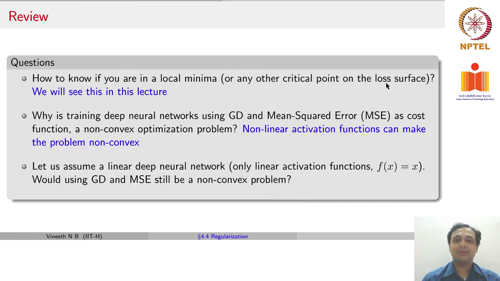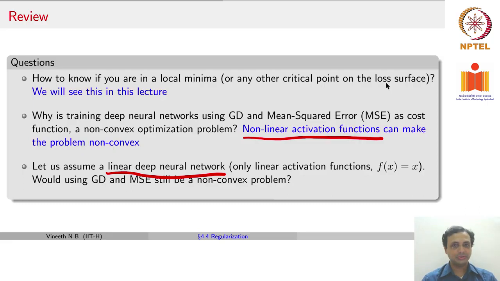The reason is you could have nonlinear activation functions in your neural network that can make the problem non-convex with respect to the weights. Okay, then your counter question is, let's assume now a linear deep neural network where you do not use any nonlinear activation function at all.